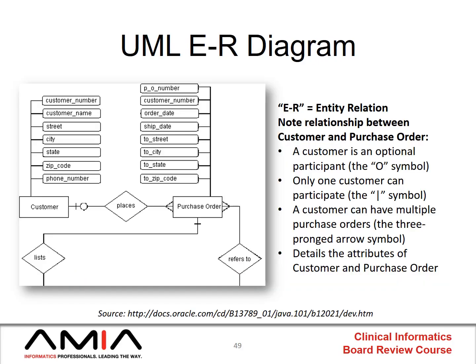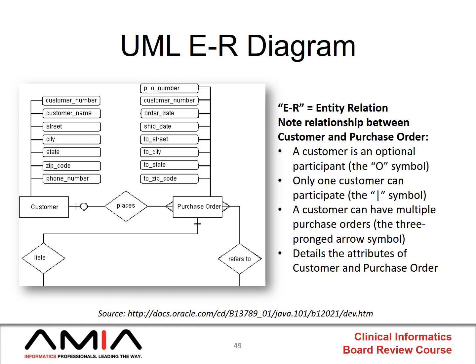Here's a UML entity relation diagram, or ER diagram. The part I wanted to highlight here was, if you look at the row that has customers, places, and purchase order, you can see a series of symbols, the 0, the 1, and the thing that looks like a crow's foot. Those are ordinality indicators.